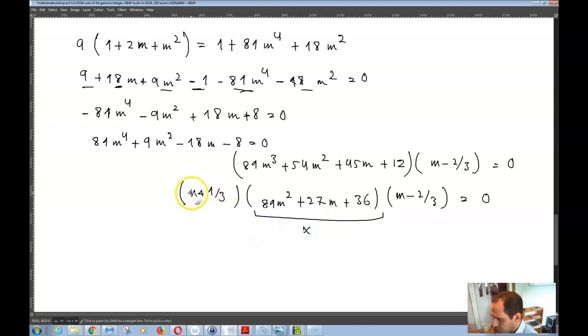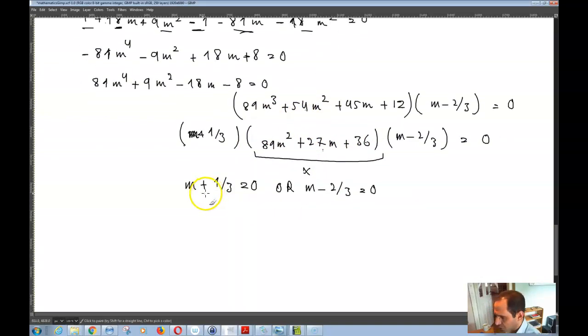Over here you have, and this is supposed to be m, so that means that when this whole thing is equal to 0, either m plus 1/3 is equal to 0, or m minus 2/3 is equal to 0, or this thing is equal to 0, which gives you two imaginary roots. Over here, that means that m is equal to negative 1/3, and over here that means that m is equal to 2/3.